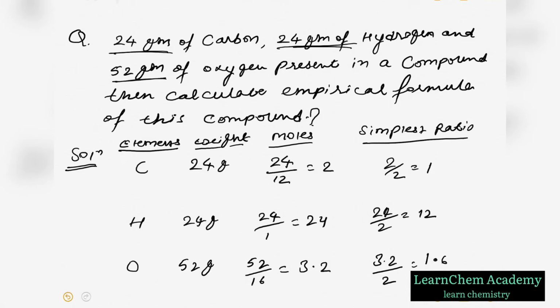So if we consider it as 1.5 is equal to 1.5, we can multiply it by 2 again to get the proper integers. So we will get 2, here 24, and here 3. This is the simplest integer ratio we will get.